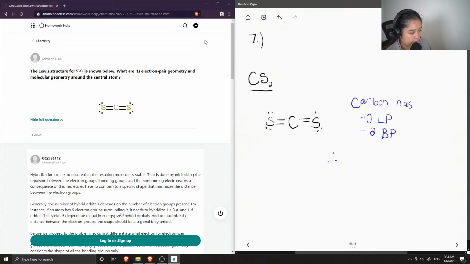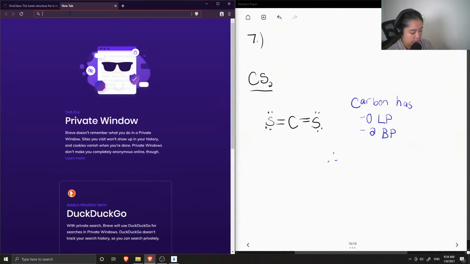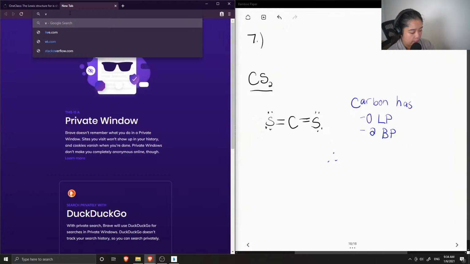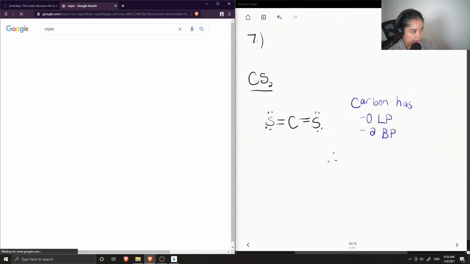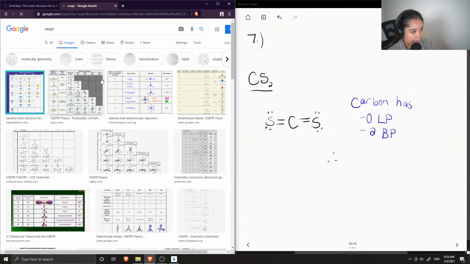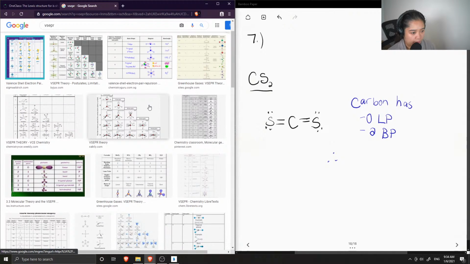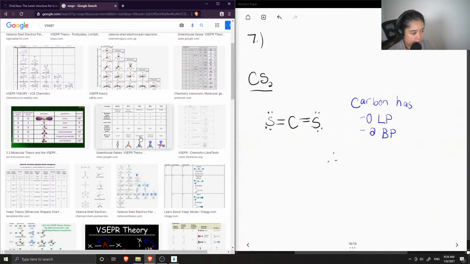So now let's look up what type of VSEPR shape it would have. Okay, so a nice chart.